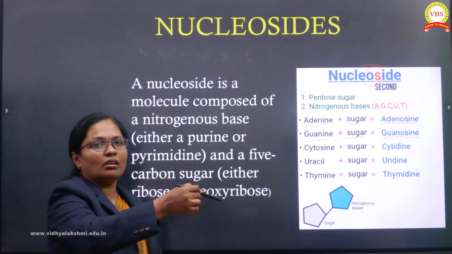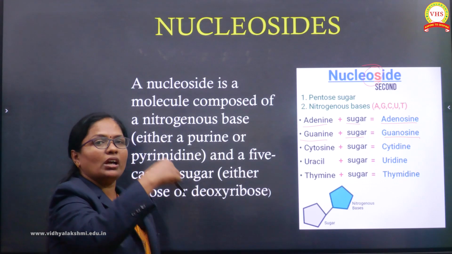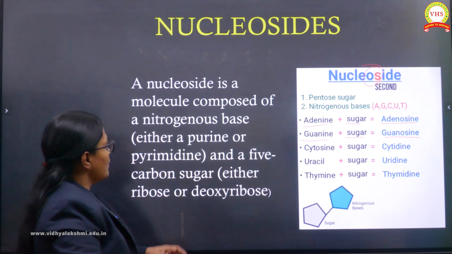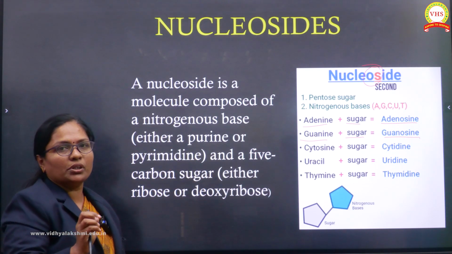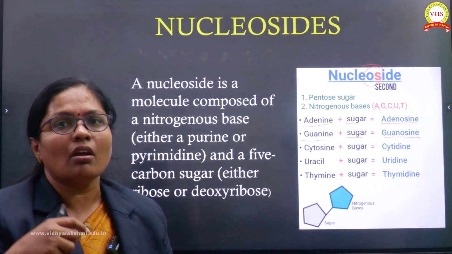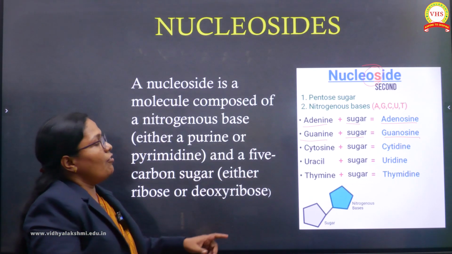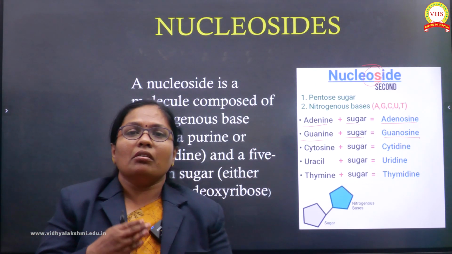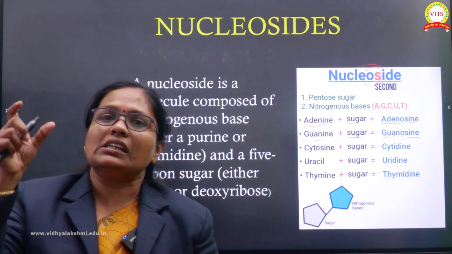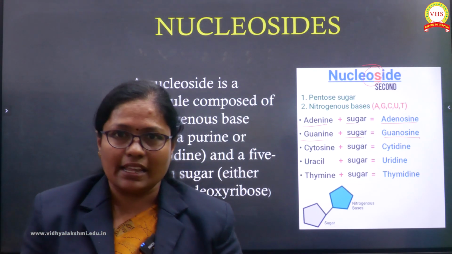Uracil plus sugar, uridine. Thymine plus sugar, thymidine. These are the 5 nucleosides. Those 5 nitrogen bases along with the sugar form nucleosides. For the difference, ribose sugar forms RNA and deoxyribose sugar forms DNA.